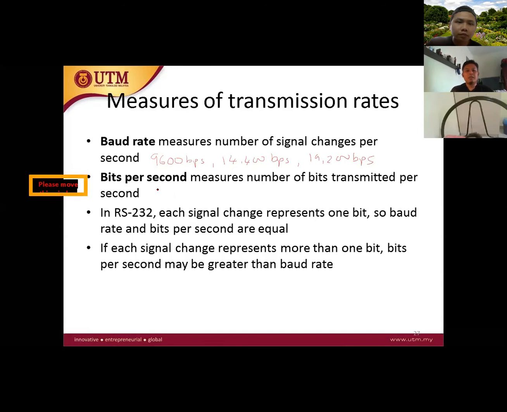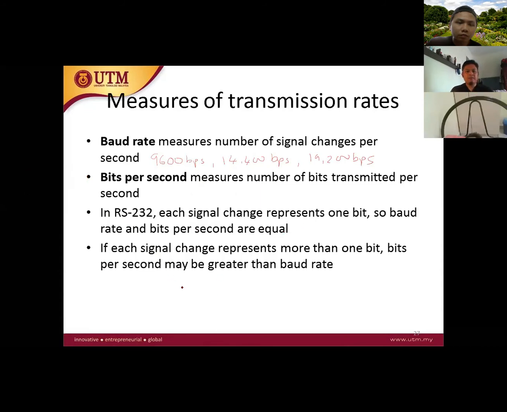Basically BPS measures the number of bits transmitted per second. Each signal change represents one bit, so baud rate and bits per second are equal.